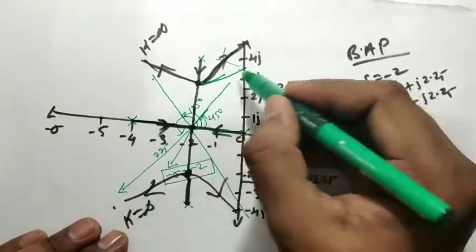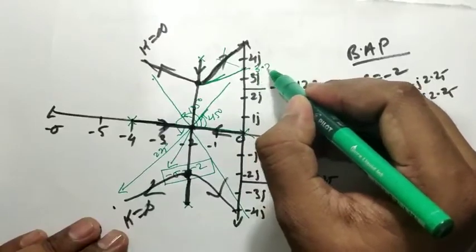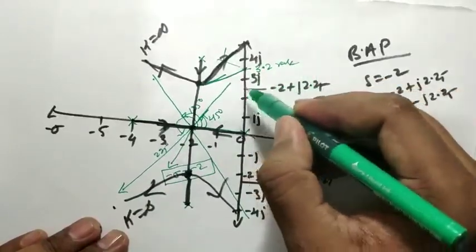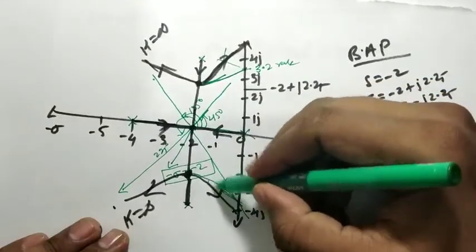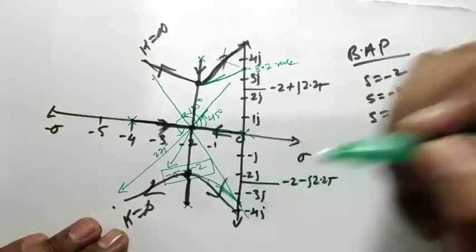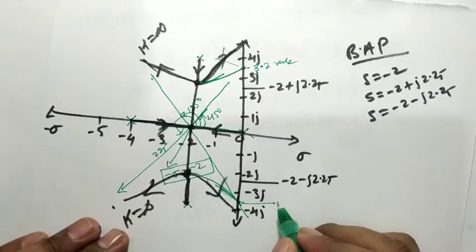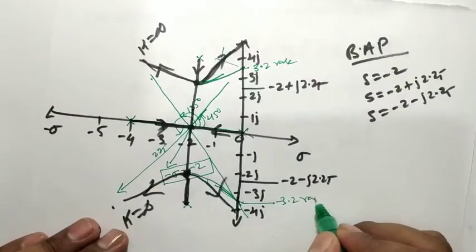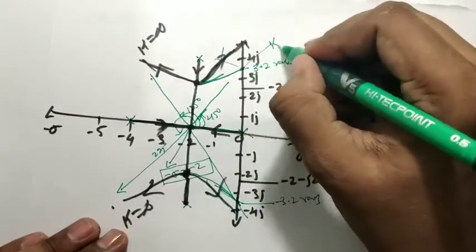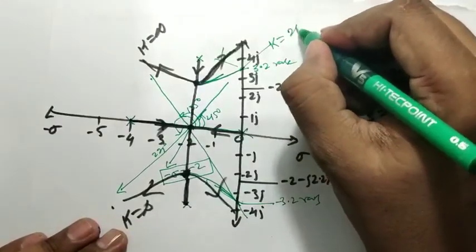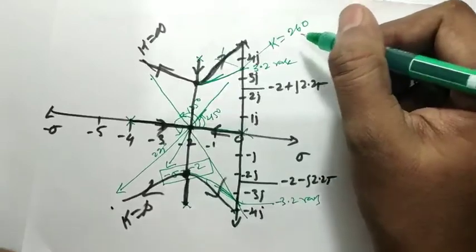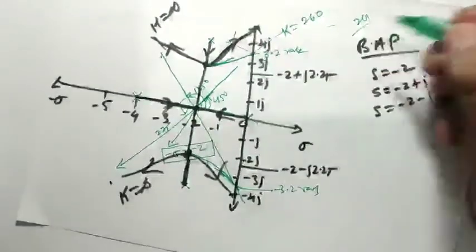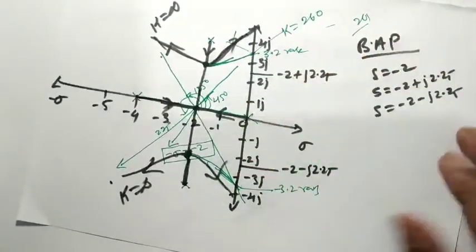So this is 3.2 radians per second. Now here also it is going here, not this direction, at this crossing point. It is minus 3.2 radians per second. At the same point, the k value is 260. After 260, this is crossing. See, if we go beyond 261, what happened? This system becomes unstable.